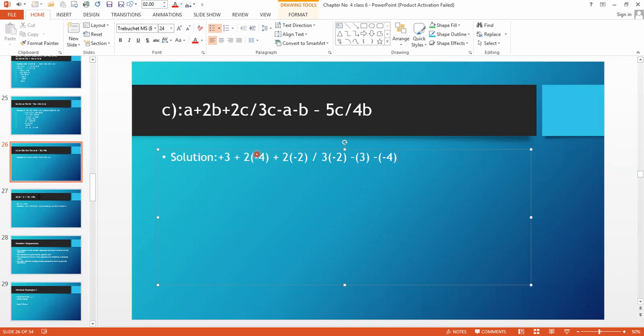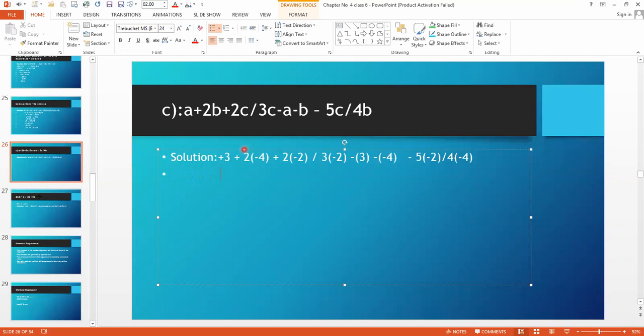Okay. This is a fraction, and the next fraction is -5C. And the value of C is -2. I think so. Now all of you remember this value of -2 over 4B, and the value of B is -4. Now you have to close it. Clear? Okay. Now we move to the next point.